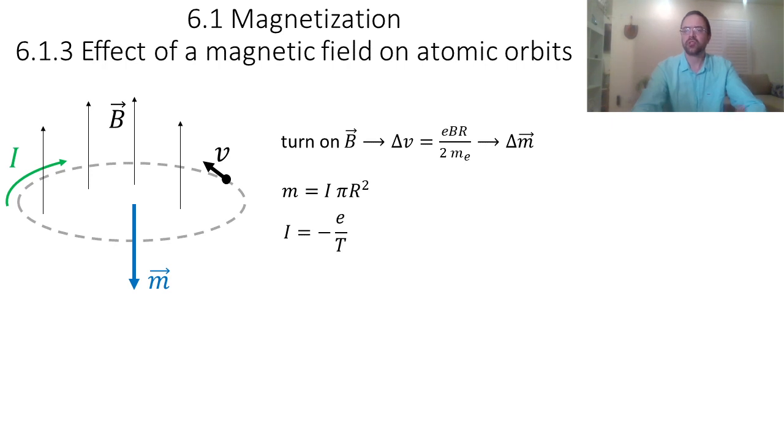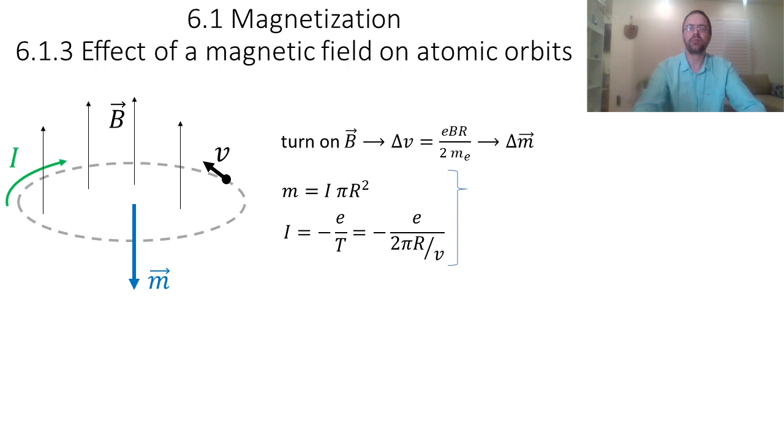The current is charge per unit time, so it is minus e per period T, where T is the period of the electron on its orbit. So the electron does a full turn, which is 2 pi r at the speed v. So T is 2 pi r over v.